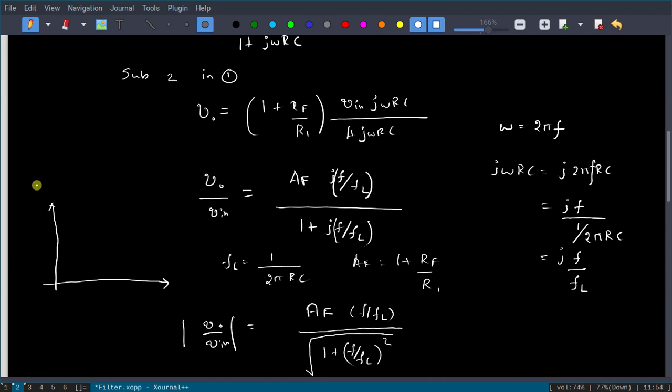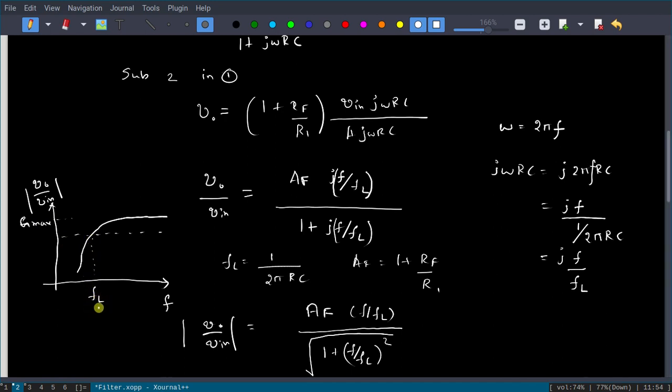So this is nothing but Vo by Vin magnitude that you plot versus frequency. So what you get is, at high frequency we get the maximum gain. I will write Gmax, that is the maximum gain, and at the cutoff frequency, that is fL.